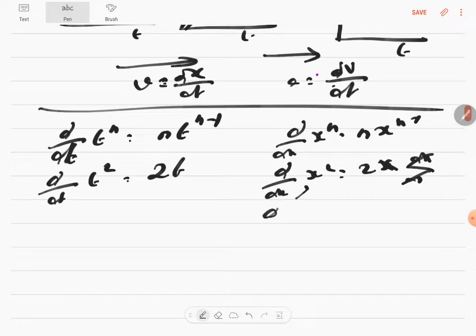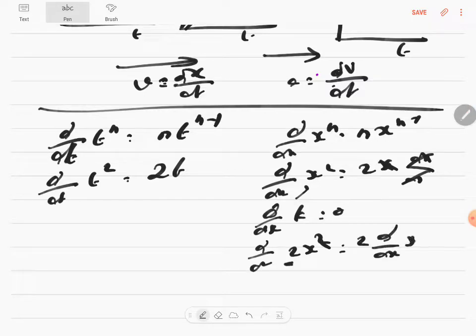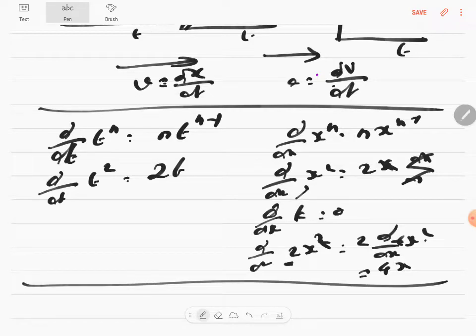Differentiation of a constant is always 0. If there is a coefficient, which is not a constant, you take it out and differentiate x square. It will become 2x, and so the answer will just become 4x and so on. This is a small intro on differentiation, but you can look at my PDF and learn it properly. Okay, so let me go to integration.